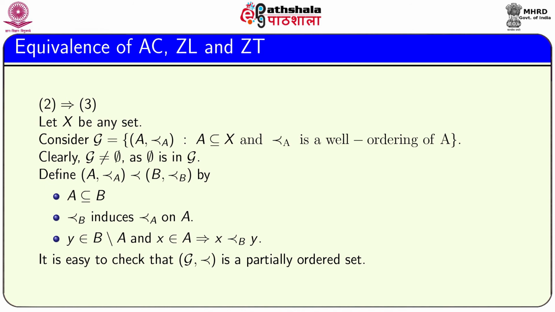It is easy to check that script G together with this relation less is a partially ordered set.